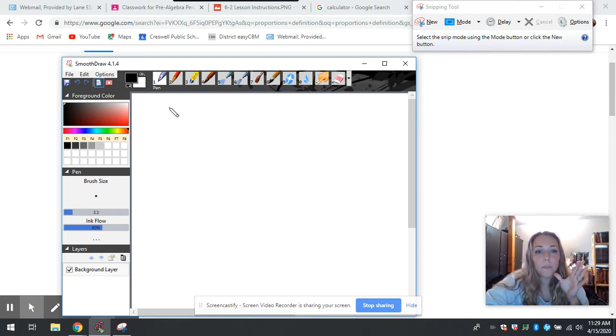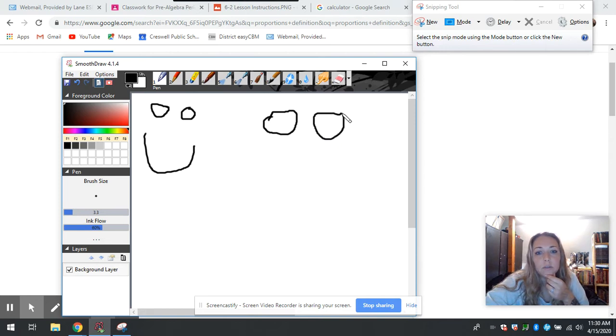So you could have a smiley face, and if you draw it really small, or if you draw it really big, but the proportions are the same, like the distance between the mouth and the eyes, the shapes are all the same, it's going to look like the same smiley face or the same person.